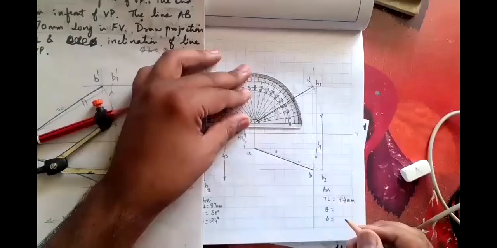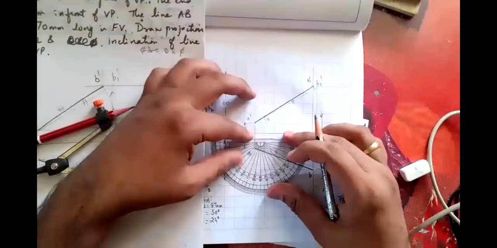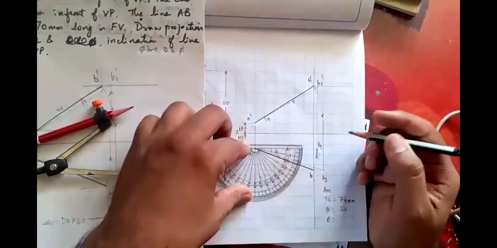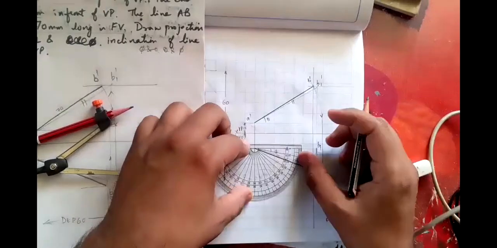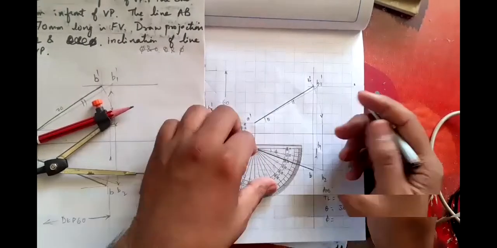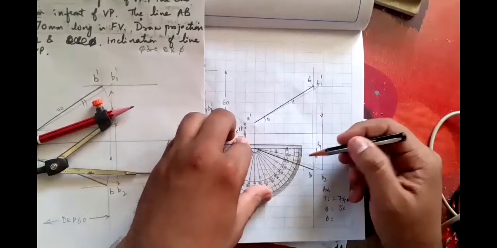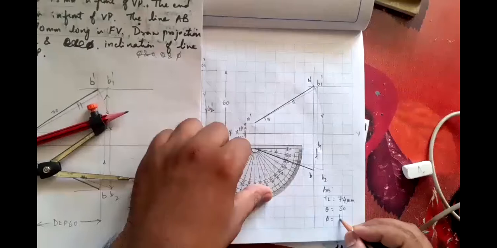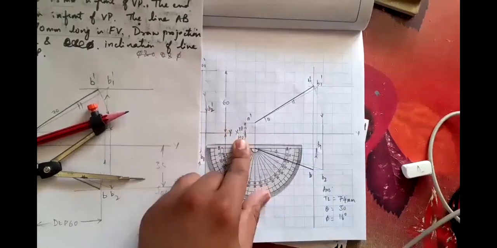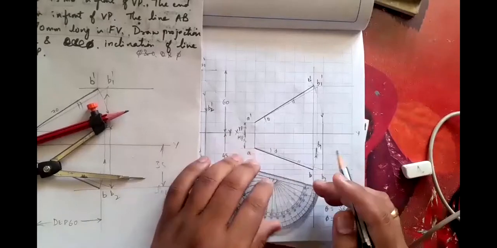Theta is 30 degrees, plus or minus. Phi is 16 degrees. True length B2. Theta and phi, not alpha and beta. Please remember.